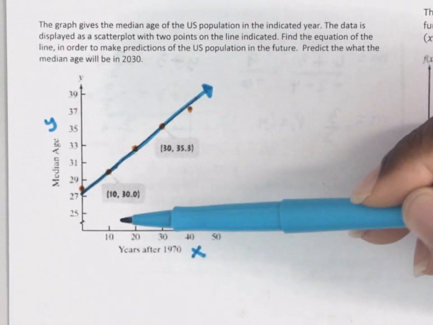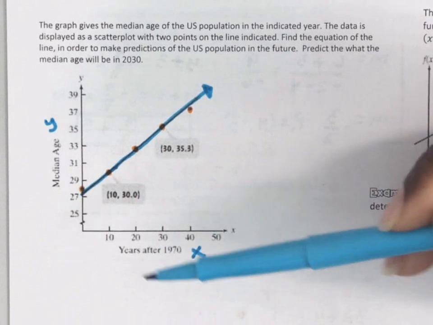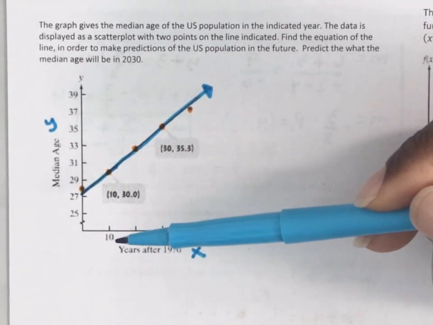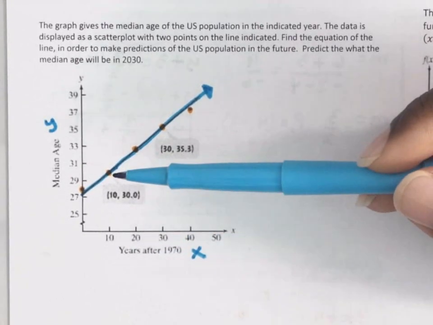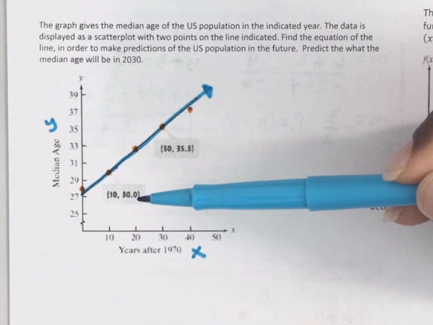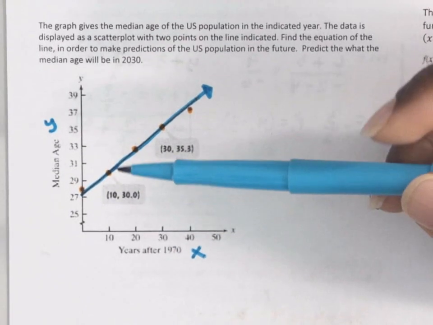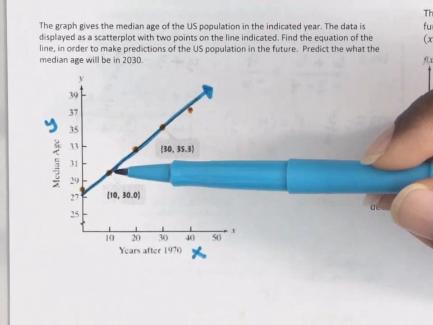What does that mean? What's this 10 mean? 1980. So 10 years after 1970. What's this 30 mean? The average age. So in 1980, the average age was 30 for a citizen of the U.S.